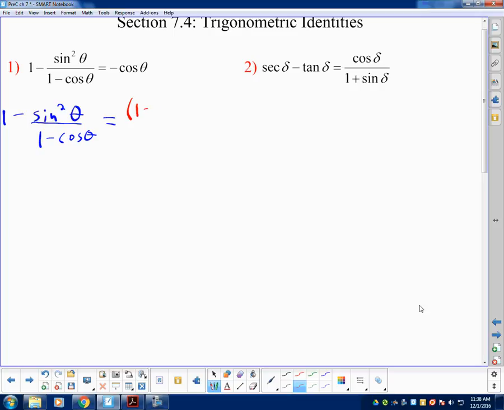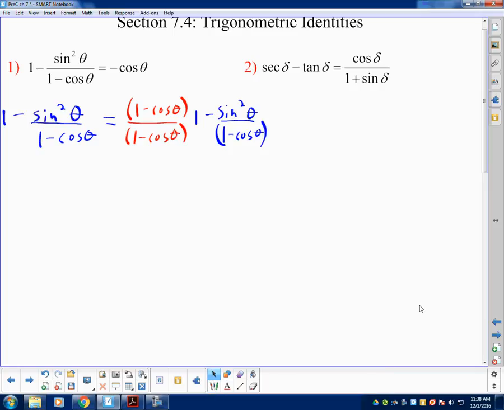We have 1 minus cosine theta over 1 minus cosine theta times 1 minus sine squared theta over 1 minus cosine theta. Okay, so that's where the first technique that we use is just finding a common denominator. You're going to do that quite often.